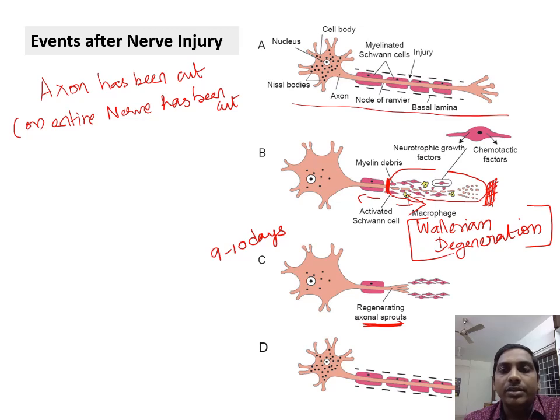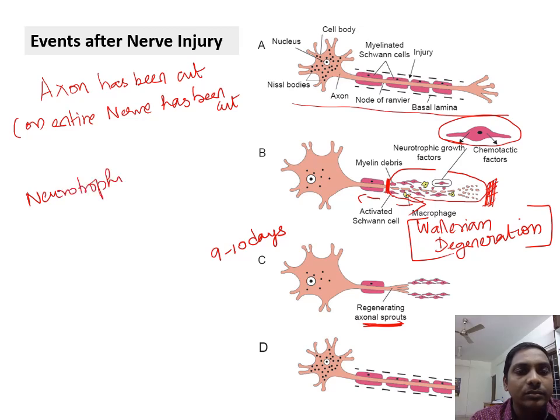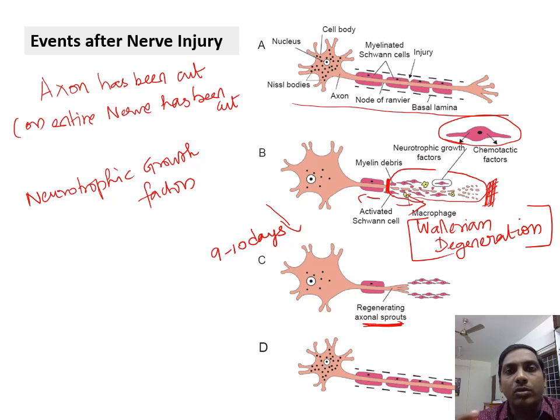And due to the inflammation there will be a lot of other cells that will produce substances called neurotrophic growth factors. What do these growth factors do? These growth factors will stimulate the sprouting axons to find their way to the end plate, that is the muscle.